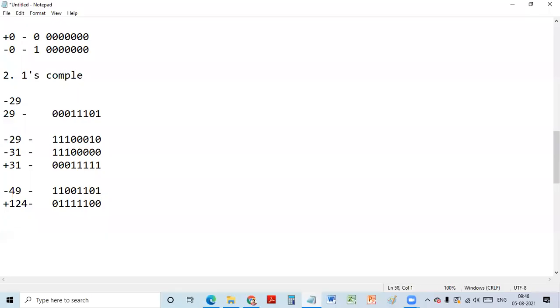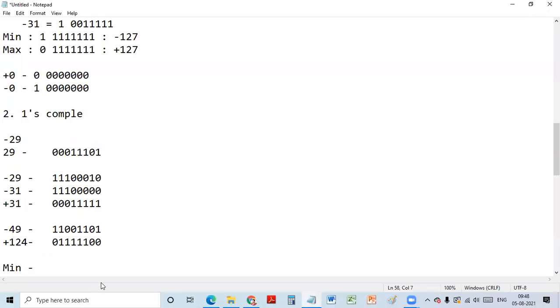Now tell me what are the minimum and maximum values that I can represent in this. I have now both the positives and negatives. What is the minimum number? Since we are complementing here, it should be 1 and all other bits are zeros.